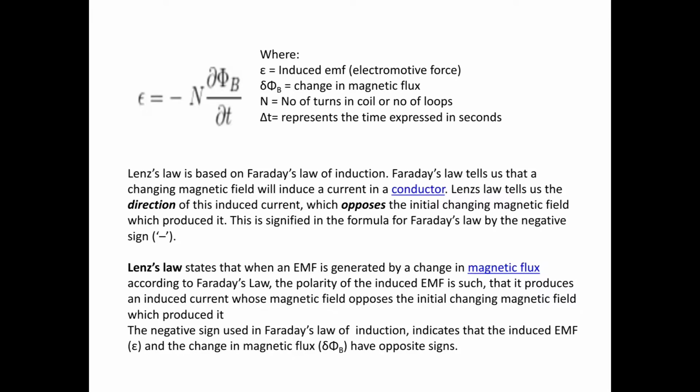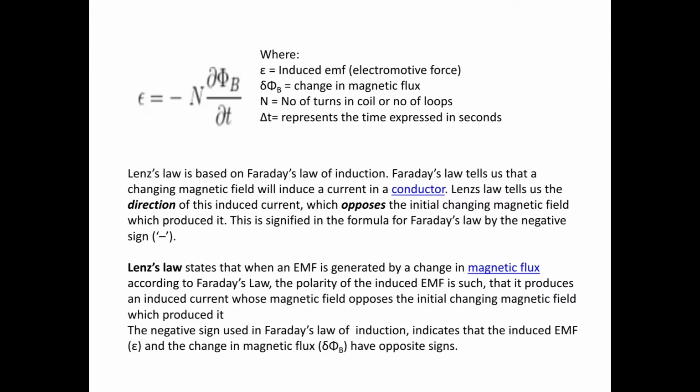Faraday's law tells us that a changing magnetic field will induce a current in a conductor, while Lenz's law tells us the direction of this induced current, which opposes the initial changing magnetic field which was produced earlier. This is signified in the formula of Faraday's law by a negative sign before the number of turns of the coil.